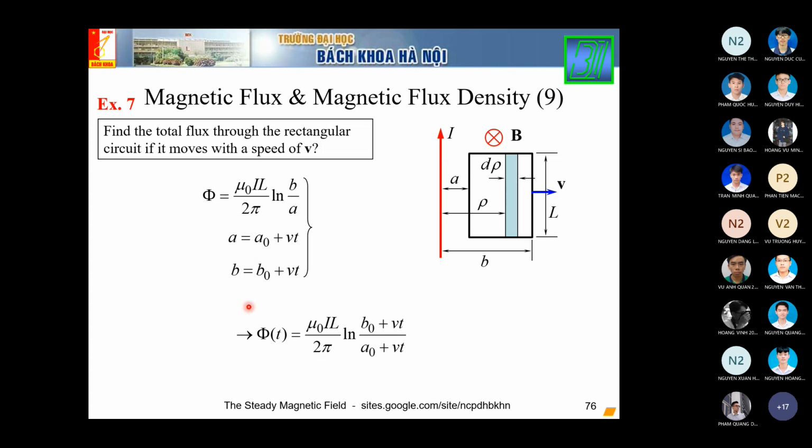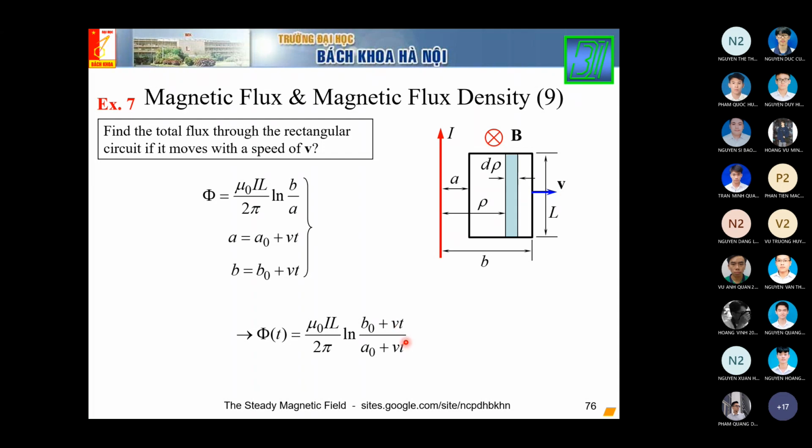I want to give some comments on these results. You can see that now the magnetic flux is no longer constant. It depends on time. Firstly, once again, phi is proportional to the current. The greater the current, the stronger the magnetic field, and the bigger the magnetic flux. But it also depends on time. Please keep in mind that in our real physical world, time always increases.